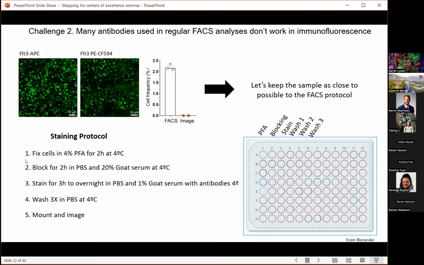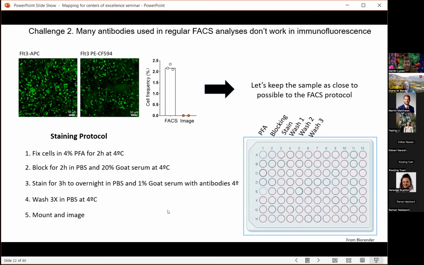Very simple approach: 4% PFA for 2 hours at 4 degrees, block for 2 hours in PBS and 20% goat serum at 4 degrees, then stain for 3 hours to overnight in PBS and 1% goat serum with the antibodies at the dilutions that you have to optimize for the antibodies that you use.